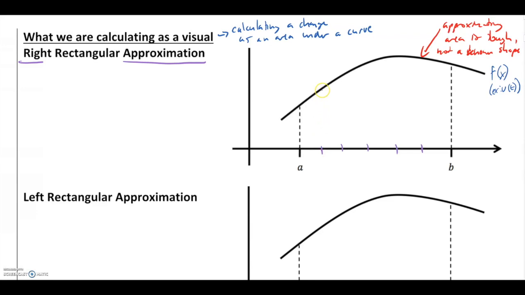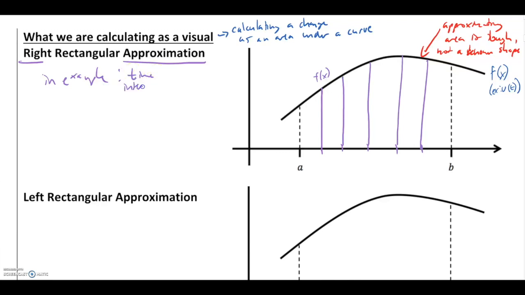And saying that we were going to use our function value at the right side of any interval to approximate, in our case, our overall distance traveled. Well, if you think about it, in the example, we were doing time interval times velocity at the right end of the interval.